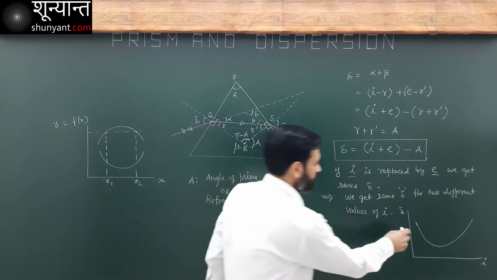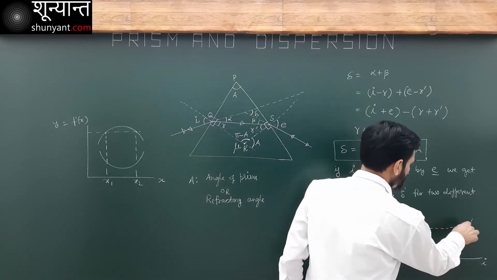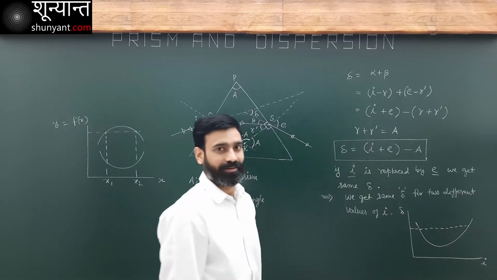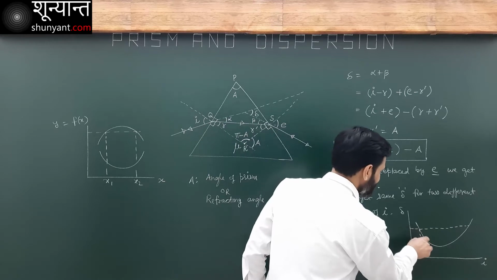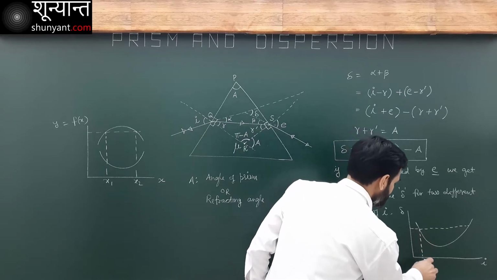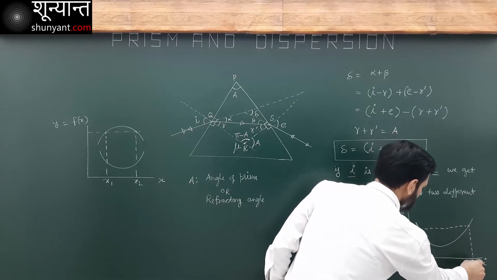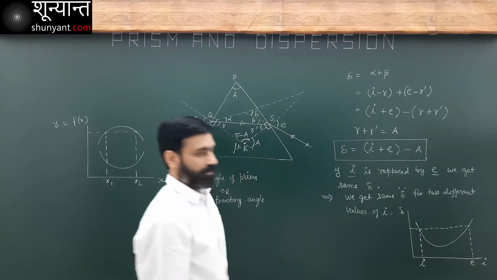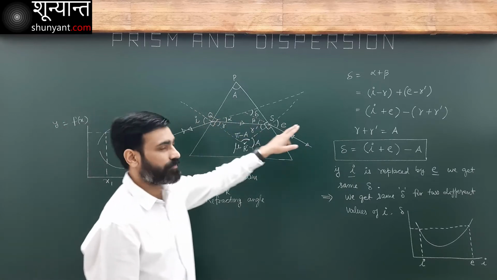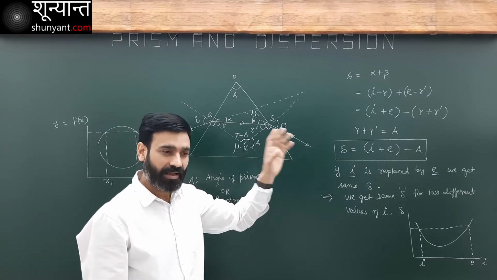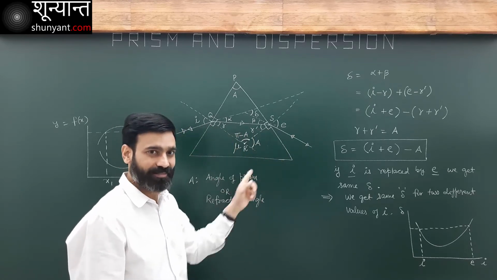Okay, for two different angles of incidence. Now, what are those two different angles? They are the angle of incidence and angle of emergence for this pair. Let's say that the angle of incidence is 30 and the angle of emergence is 45. For example, I get some delta. Now, if the angle of incidence is 45, I am going to get the same delta.